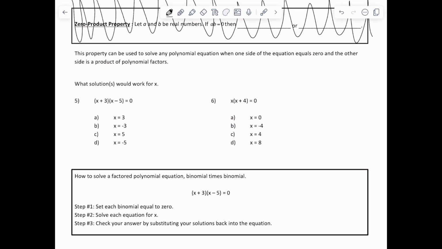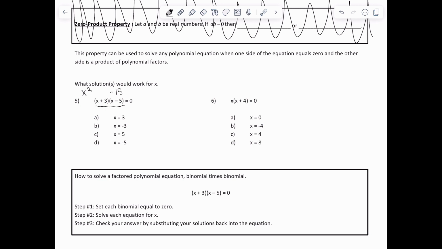So what solutions will work for x? This is two binomials, so it wants us to actually solve this for x. If I were to expand this out, I don't need to, but if I were to, it would be a quadratic that looks like x squared, and at the end it's going to be 15.